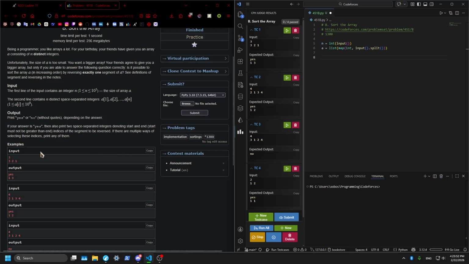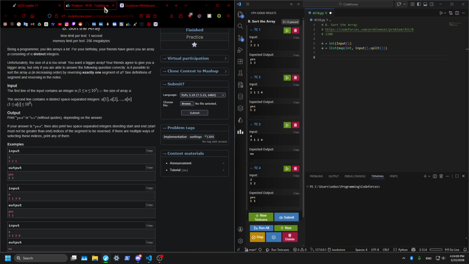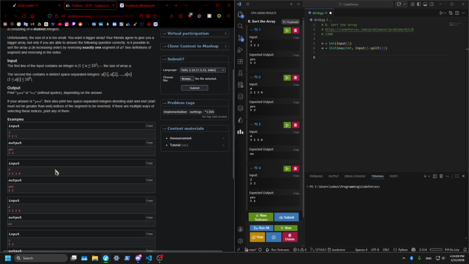Let's think. Pull up a whiteboard. This first case, 3, 2, 1, just flip the entire array.